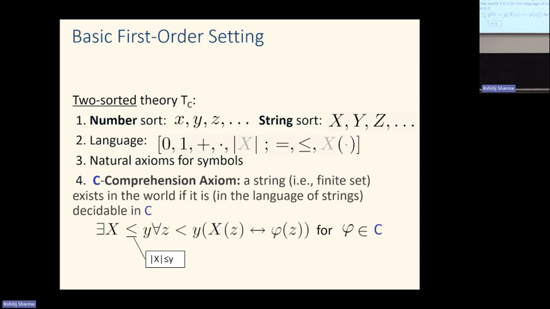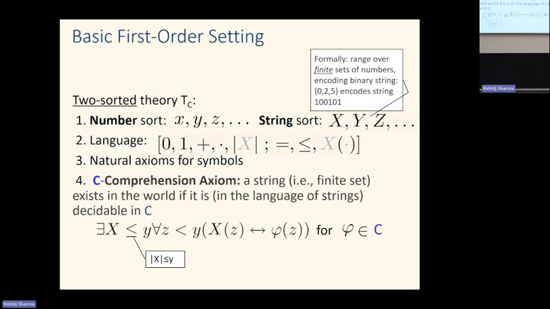Formally, it ranges over finite sets of numbers encoding binary strings. If I have {0, ..., 5}, it encodes the string whose bits 0 to 5 are lit and the others are not. So it just tells you which bits are there. That's just an encoding.